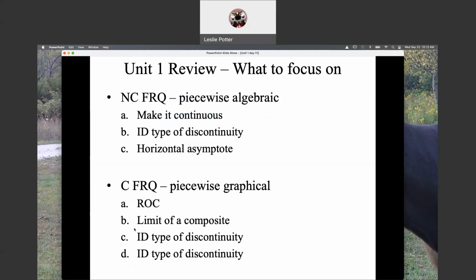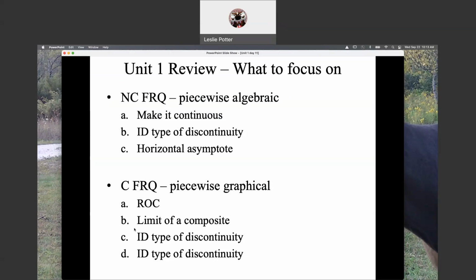What to focus on? So here's the focus for the constructive response. Typically, when we talk about constructive responses for these units, we're really going to focus on these responses. So we're going to ask you questions like, make this response continuous. Find the horizontal asymptotes if there are any. Okay.